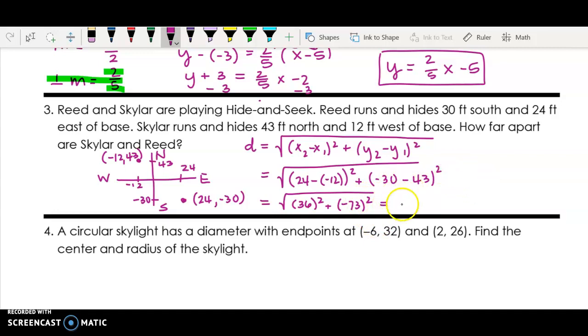That gives us 6,625. Take the square root of that, and they are approximately 81.4 feet apart from one another.